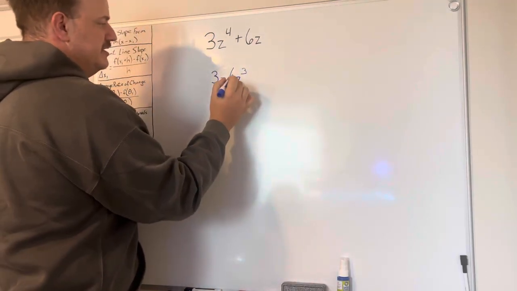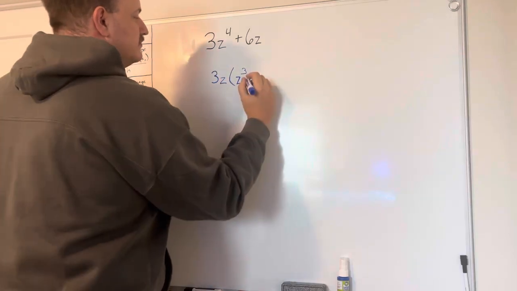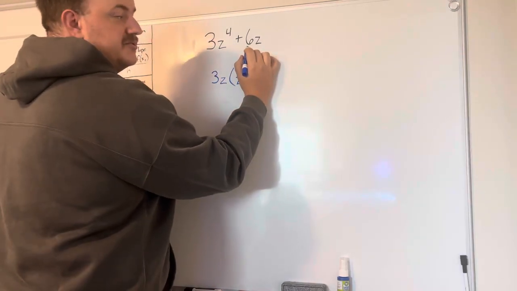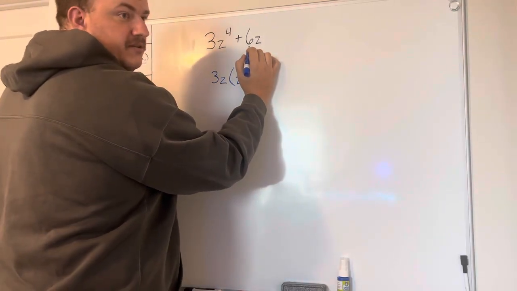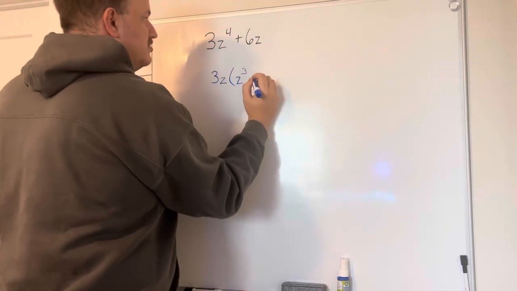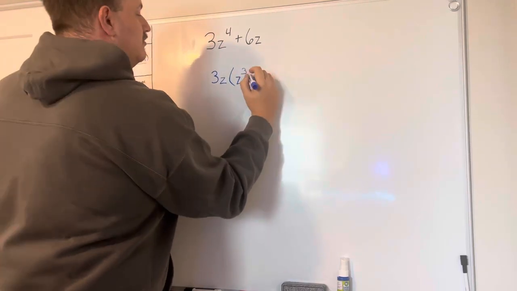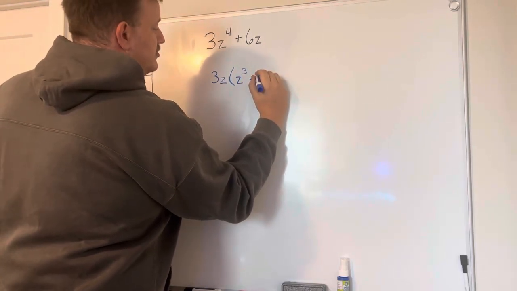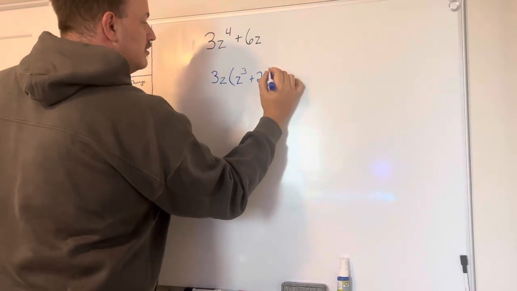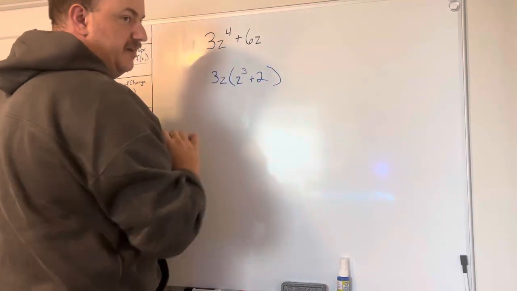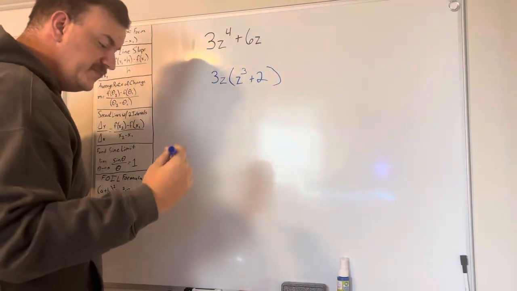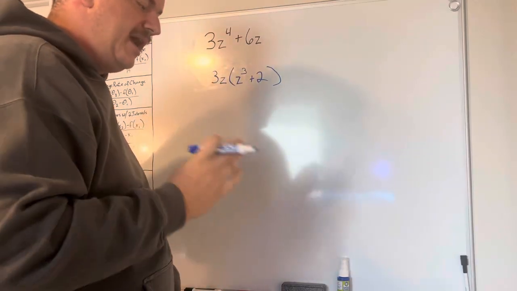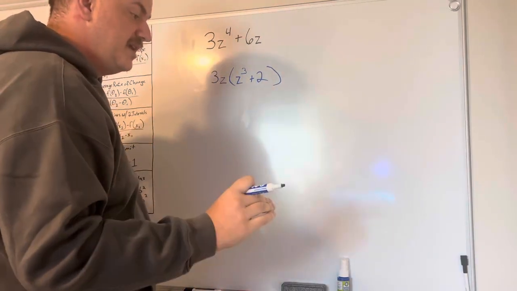See, 3z times z cubed. And then how many times does 3z go into 6z? Twice. But since we took out a z, it is now just a 2. Simple enough.